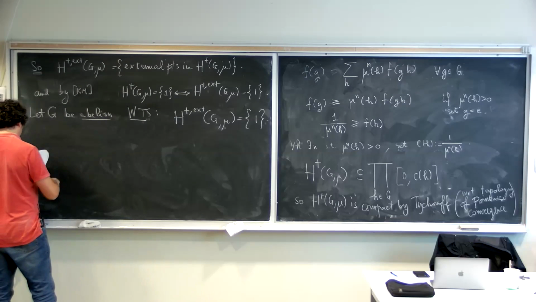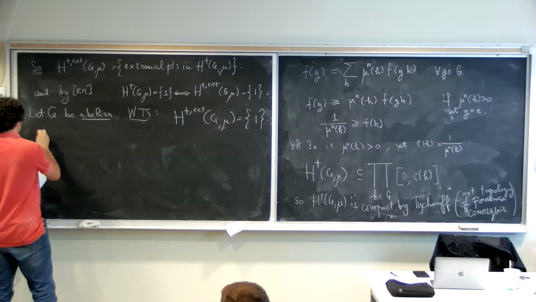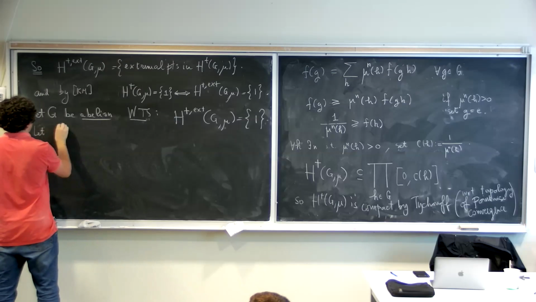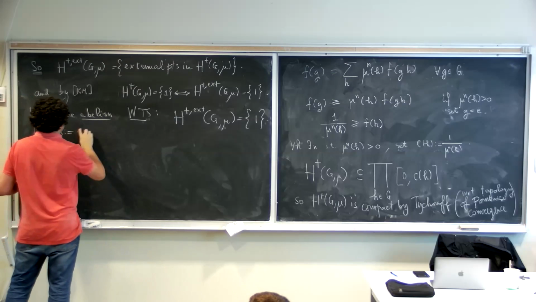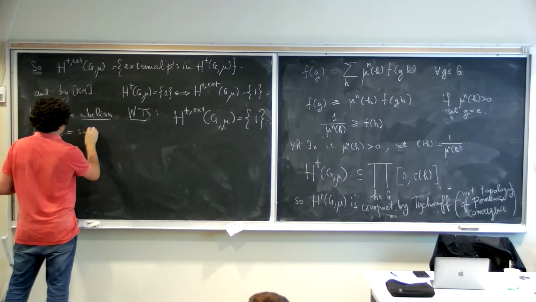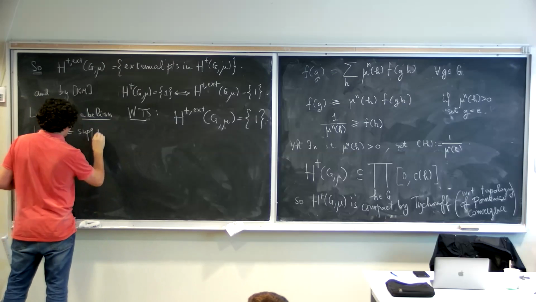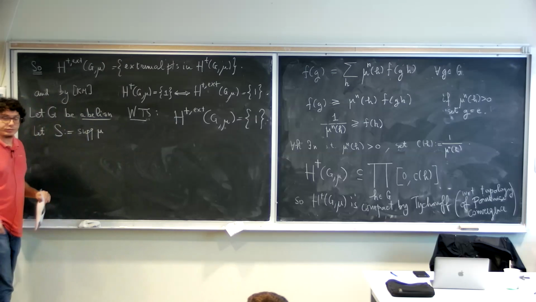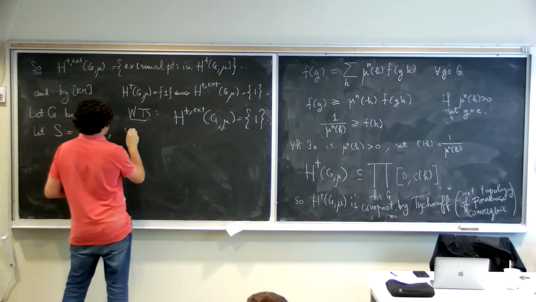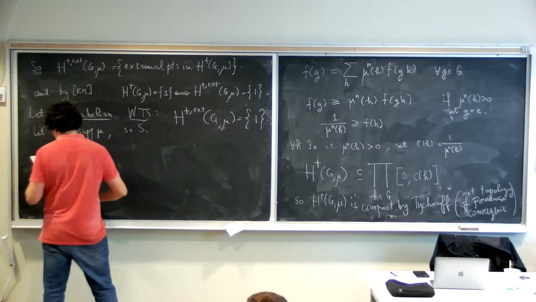So okay, let S be the support of mu, literally the support. So this is a finite set, and we pick S some element.